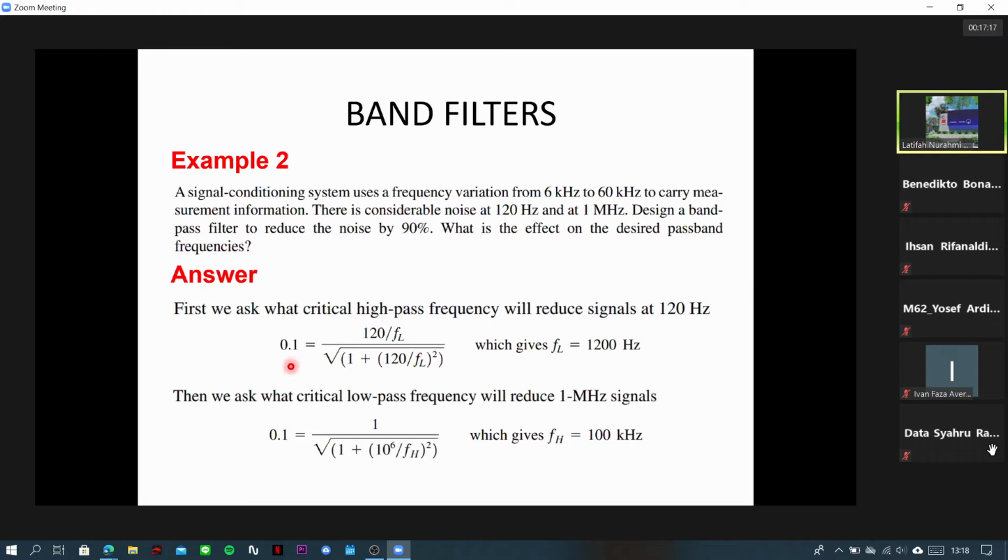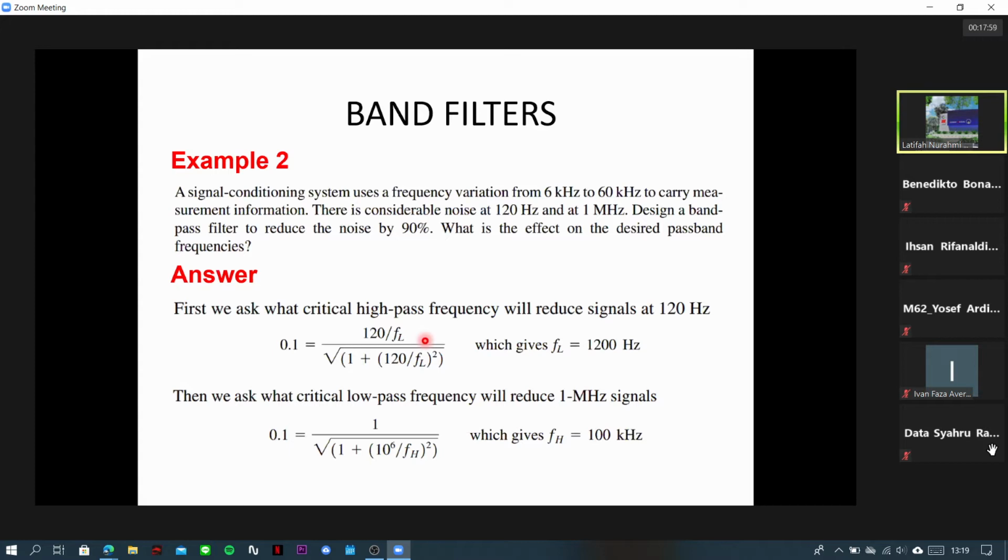Now we have the limits that we want to take. The measurement signal is 6 up to 60, and the noise is from 120. The noise that we consider is about 120 hertz up to 1 megahertz. Remember, in the high pass filter, what do we want to remove?